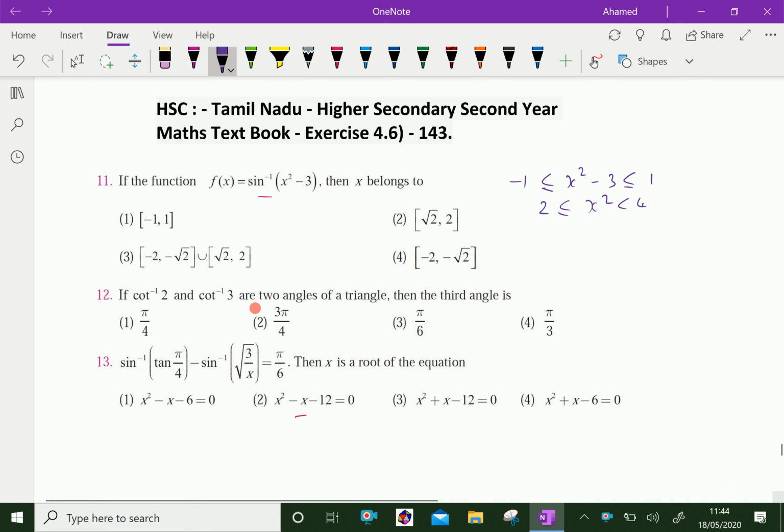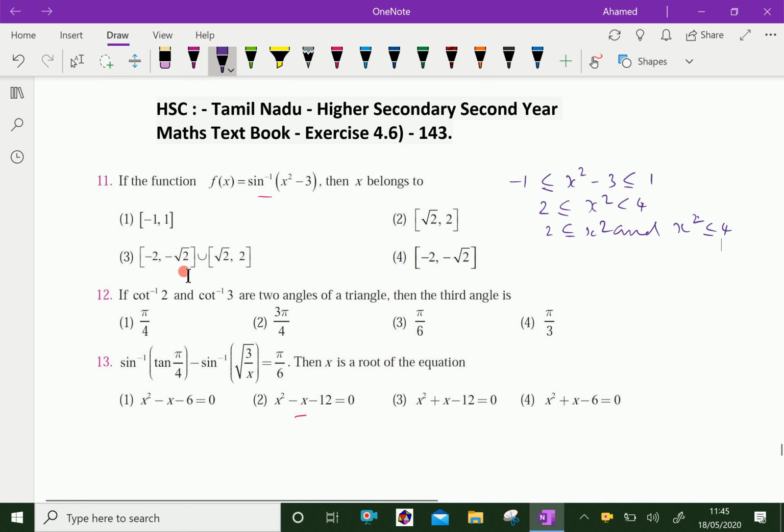So 2 is lesser or equal to x squared, and x squared is lesser or equal to 4, which gives the solution of minus 2, because the square root of 4 is minus 2 and plus 2.